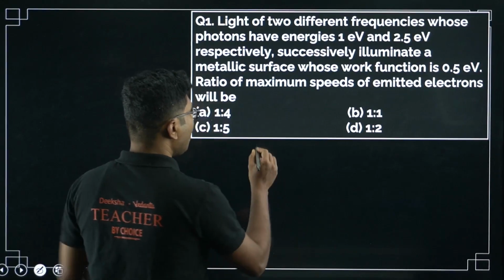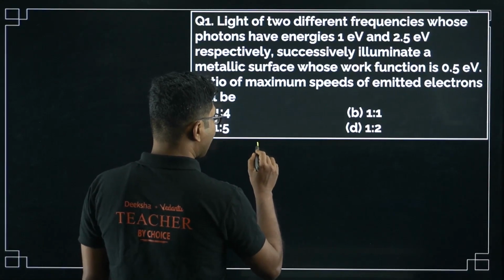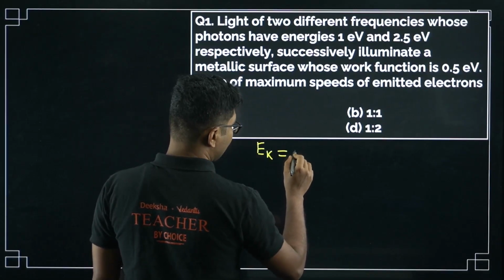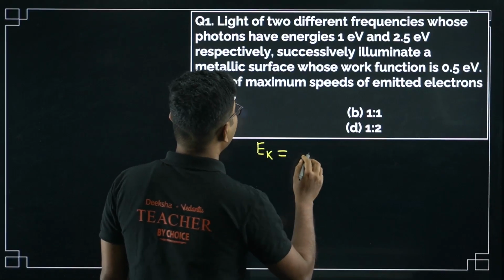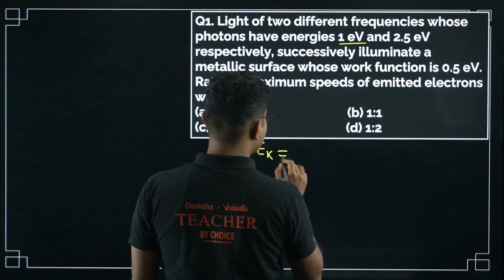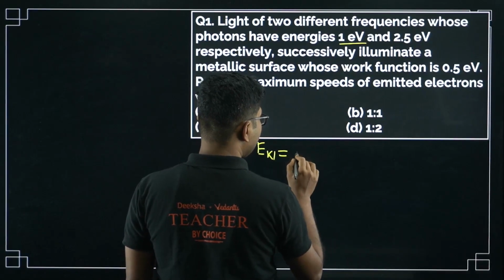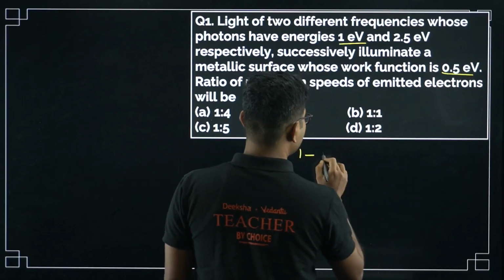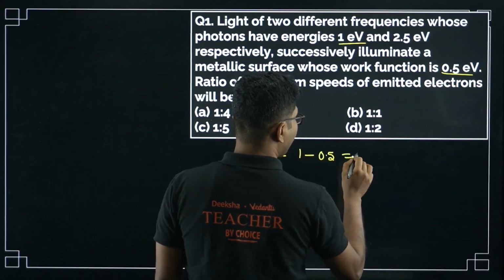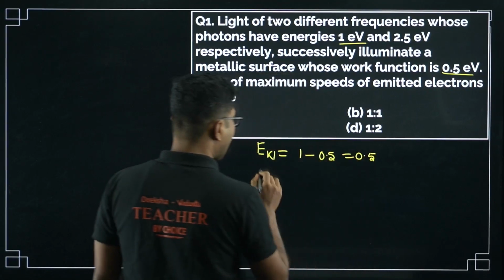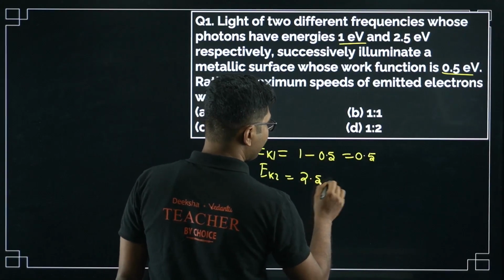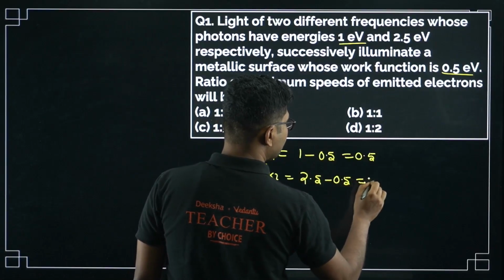First of all, we know that the kinetic energy of the emitted electrons is the energy of the photon minus the work function. In the first case, EK1 is 1 eV minus the work function 0.5, so that is 0.5. And EK2 is 2.5 minus 0.5, that is 2, right?